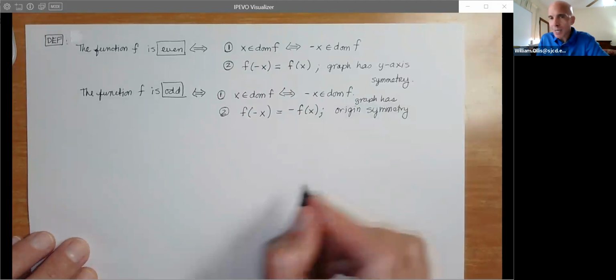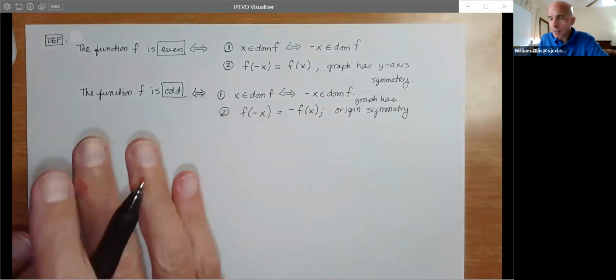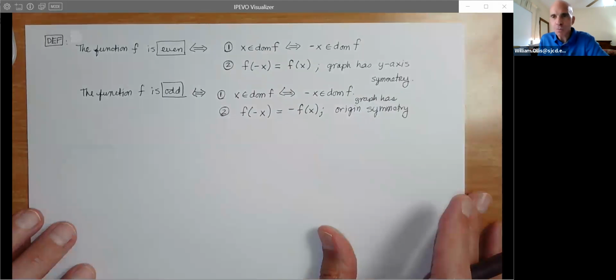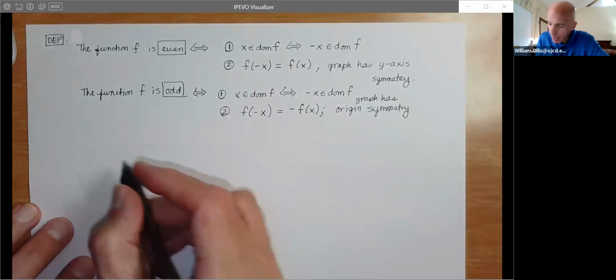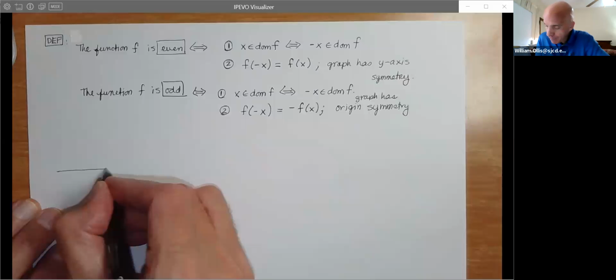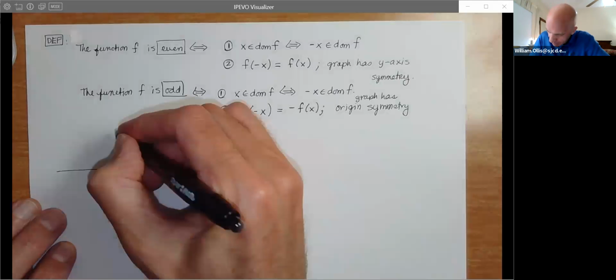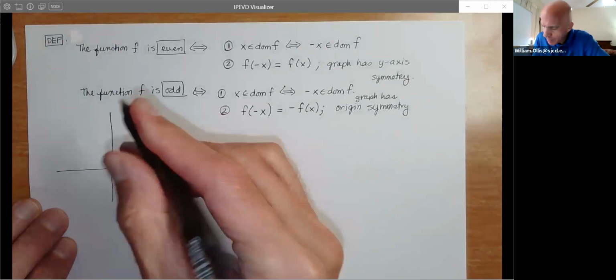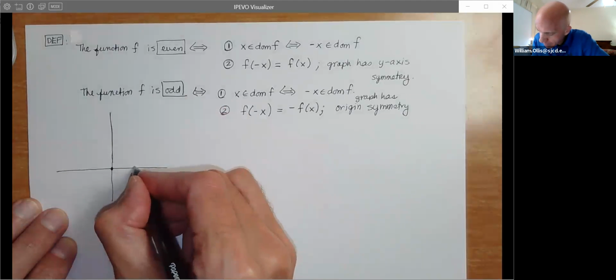Now, just to give you a good example of each of these before we do an actual example, let's just think of our favorite even and odd functions. We did one on the last one, x squared. This will just give you something to put in your back pocket to say, oh, here's a good example. 0, 0.